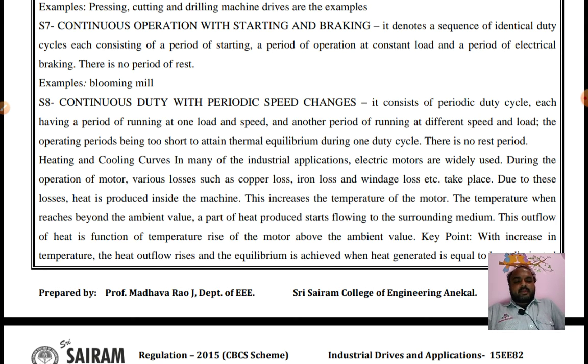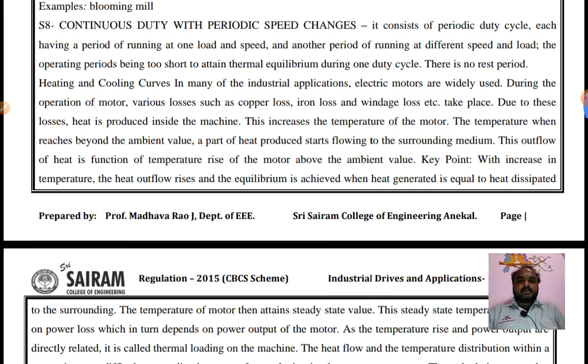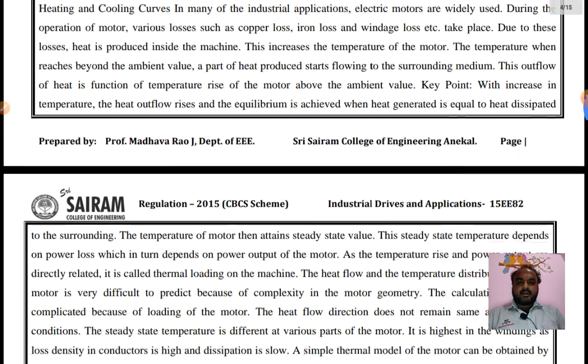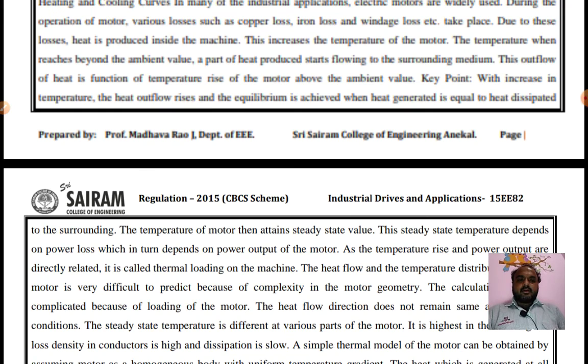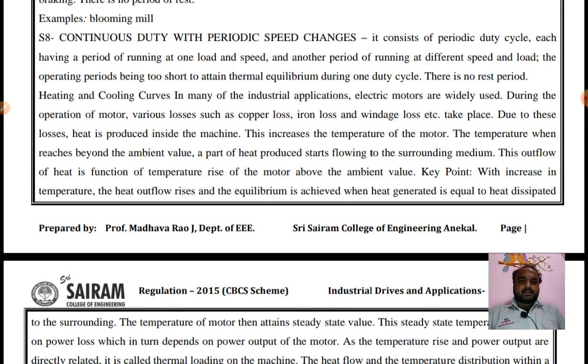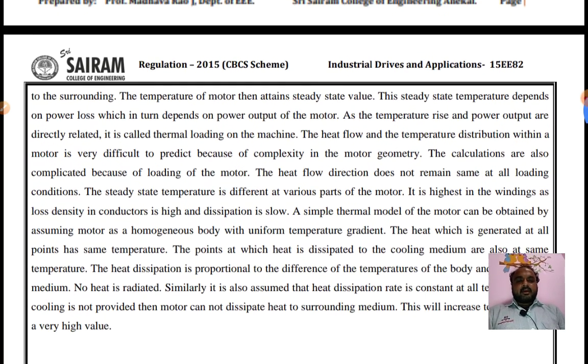Blooming mills are examples. Next, continuous duty with periodic speed changes. Here it is continuous duty, constant load, and the speed changes. This type of drive is used in real time applications like AC motor drives and DC motor drives.